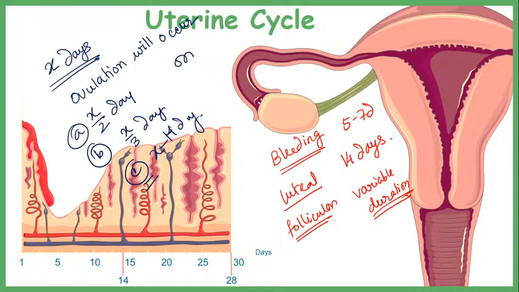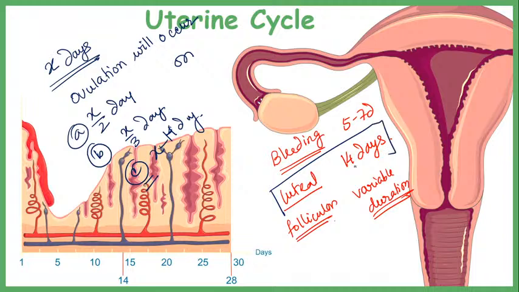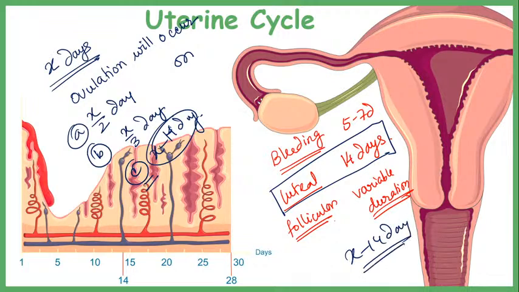Luteal phase has to be 14 days, and luteal phase starts just after ovulation. This is important. Luteal phase is always of 14 days, and it just starts after ovulation. So if the luteal phase is of 14 days and starts just after ovulation, your answer will be x minus 14. So x minus 14 day will be my day of ovulation, right?